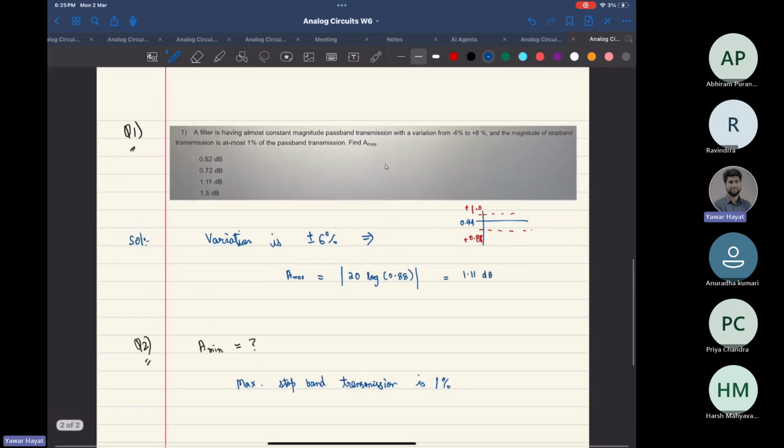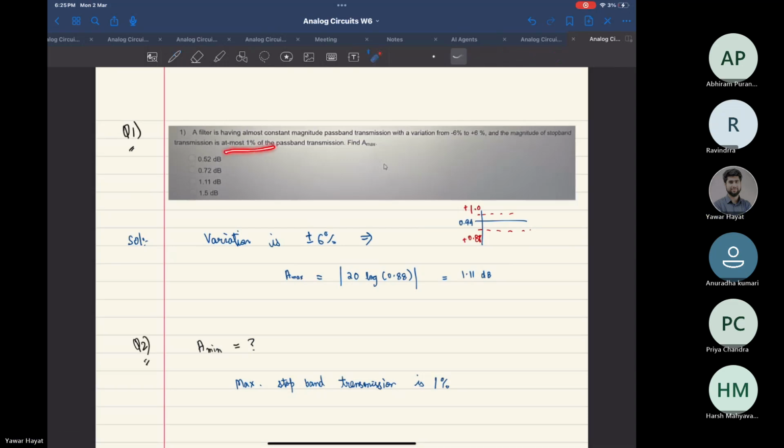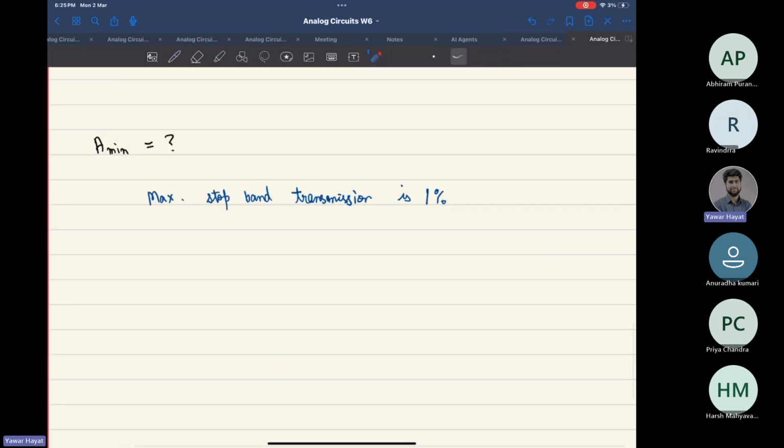It is given in the question itself: at most, it's 1%. So how much would that translate to? Your A minimum would be 20 log of your 1%, which is 0.01. And that is how much? That is 40 dB.